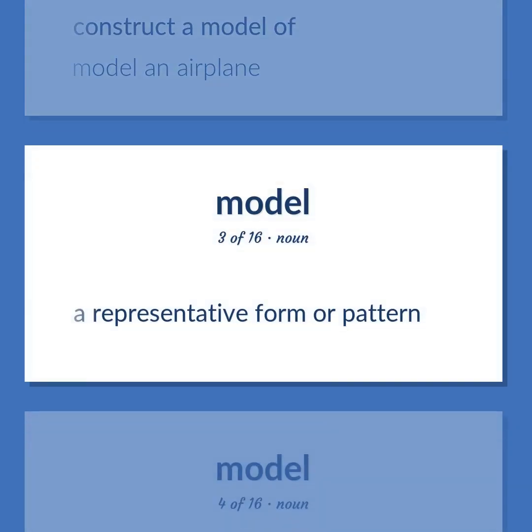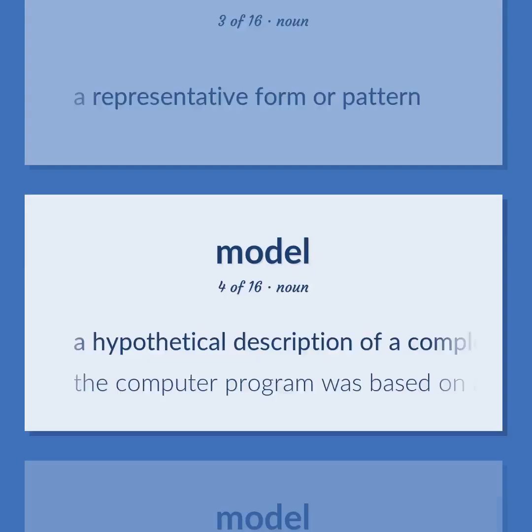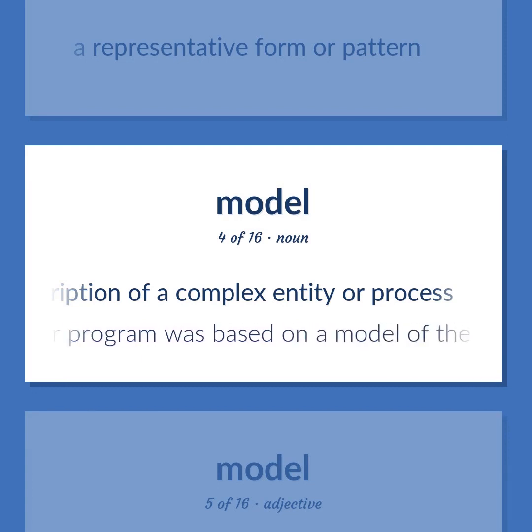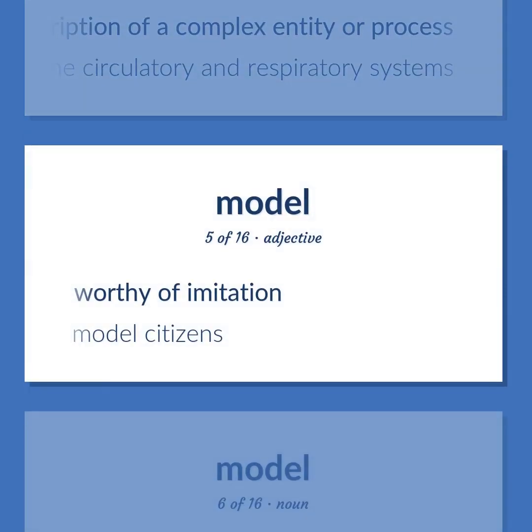A representative form or pattern. A hypothetical description of a complex entity or process. The computer program was based on a model of the circulatory and respiratory systems. Worthy of imitation. Model citizens.